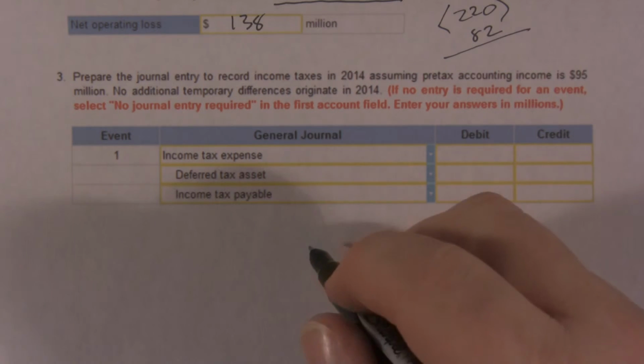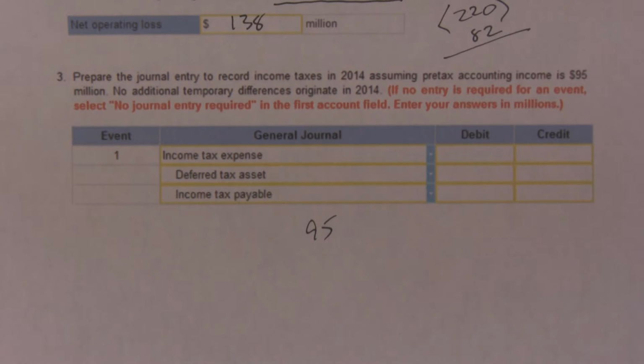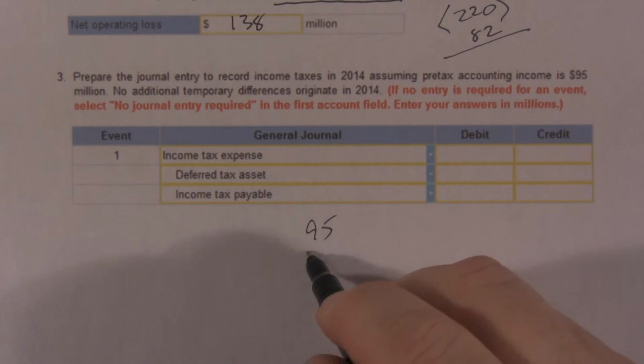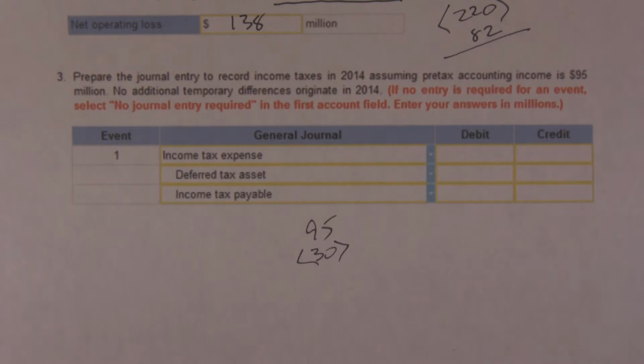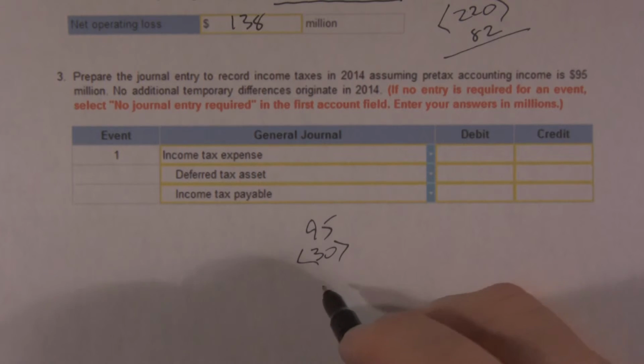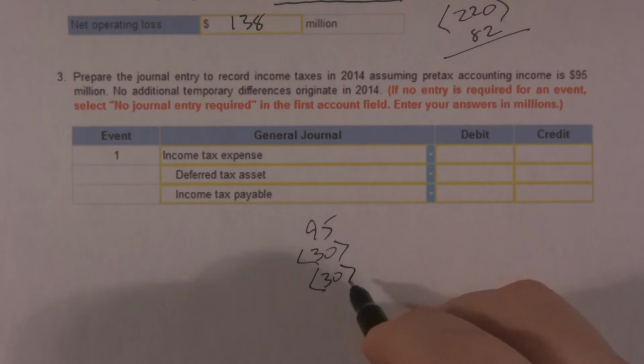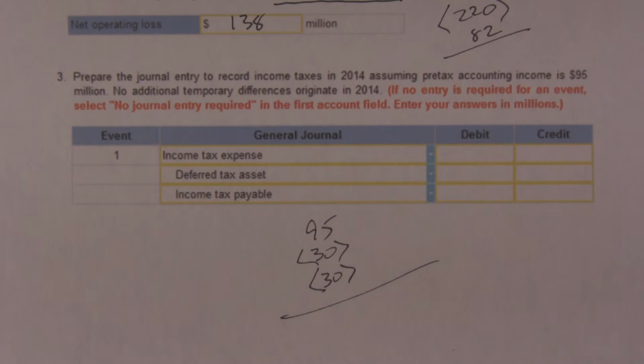Our pre-tax accounting income was $95 million. We have our loss contingency of 30. That happened this year, so we can reduce our income by that for tax purposes. We have our NOL carry forward of $30 million. We can carry that forward. So our taxable income for this year is $35 million.